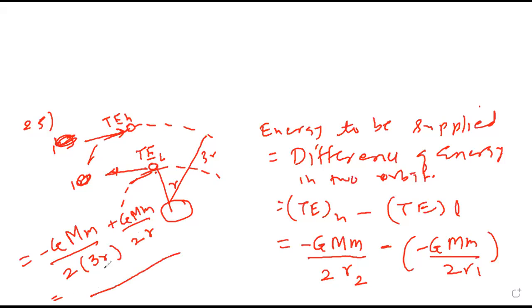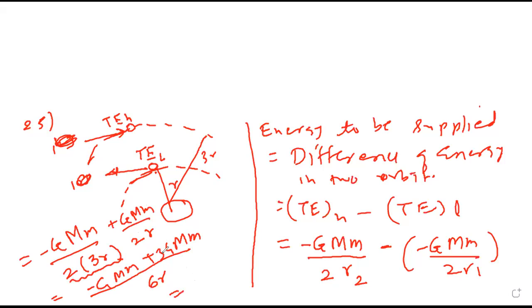What is the LCM of 6r and 2r? This is 6r, this is 2r. What is the LCM? Is it 6r? Yes, sir. So minus GMm, plus 3 GMm you should get to make it 6r.